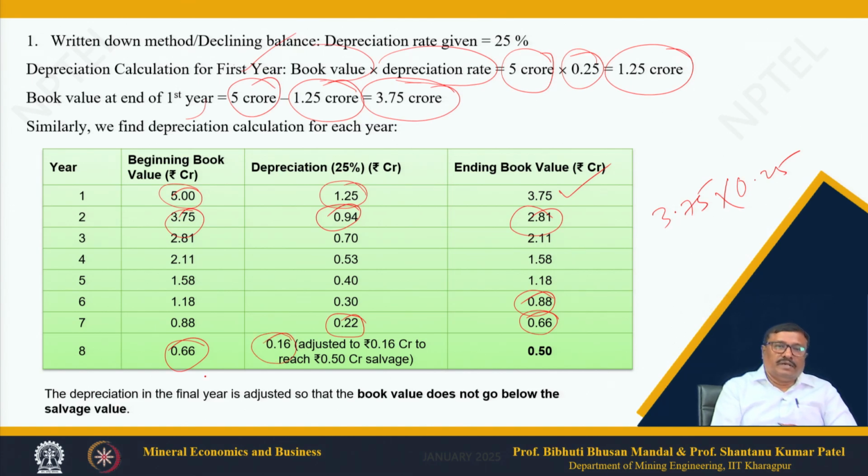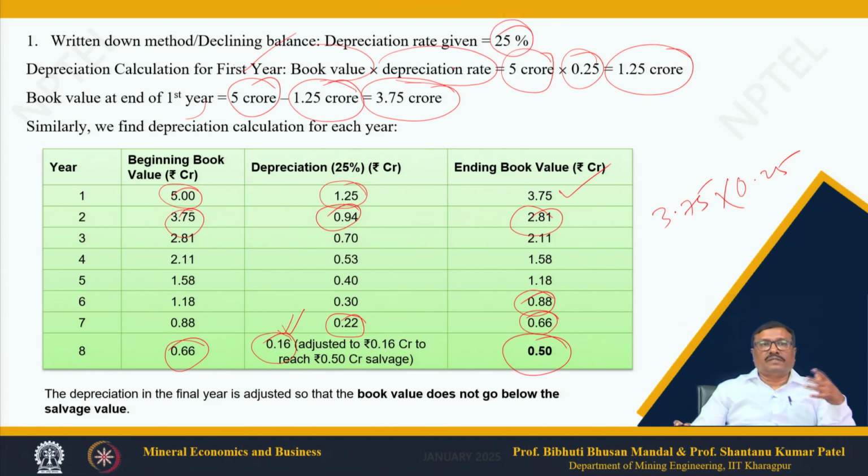Instead of multiplying 0.66 again by 25%, we have deliberately made it 0.16, so that finally we get 0.50 to equate with the salvage value, because we have not calculated with the existing given data, but on the basis of a pre-decided rate, which is 25%.